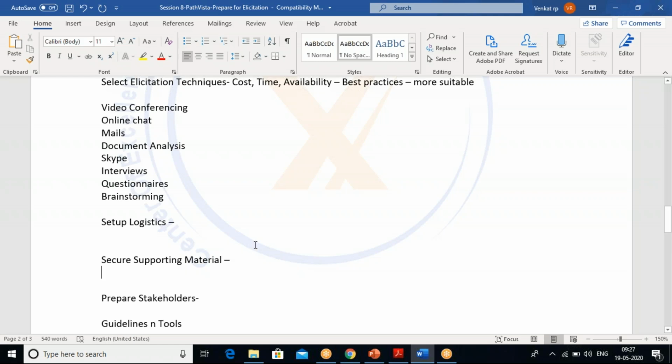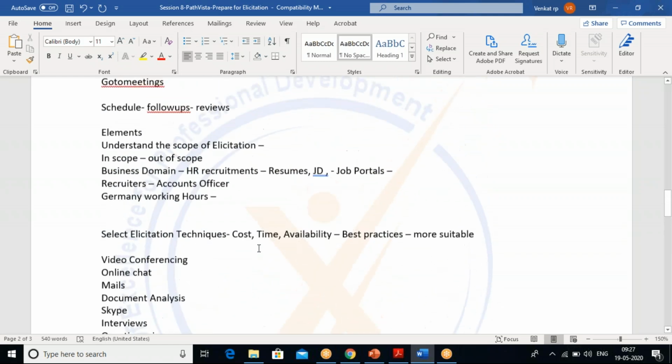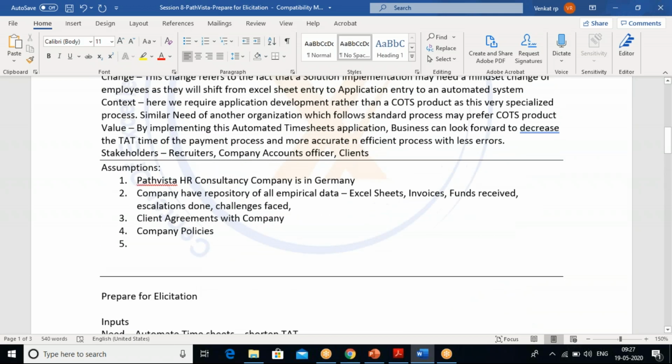That would be the existing invoices, the process documents, and information collected through the one-to-ones. Information collected during the meetings that were scheduled, and also any best practices documents, if there were any projects that you have already done on a similar domain or similar lines, that also would be a supporting material.